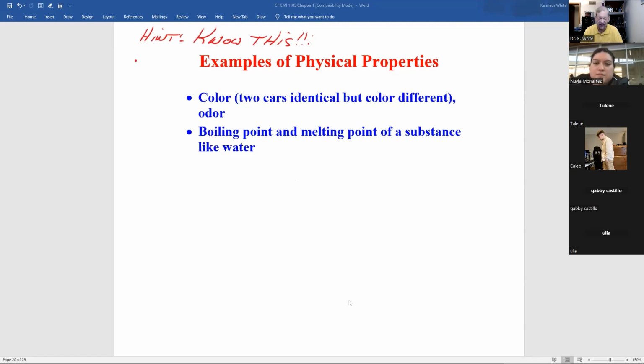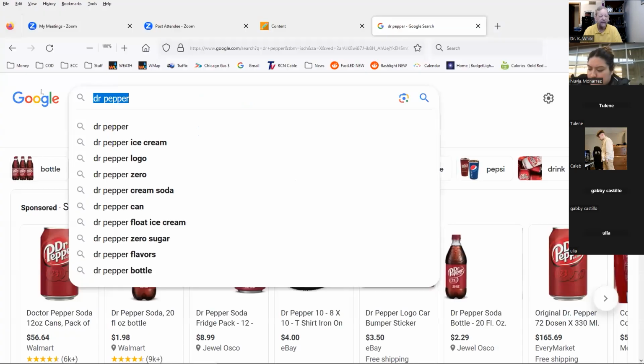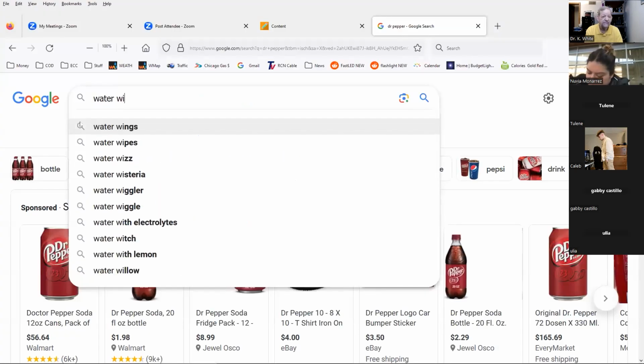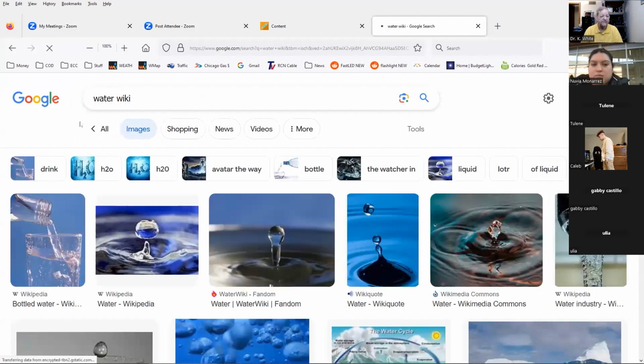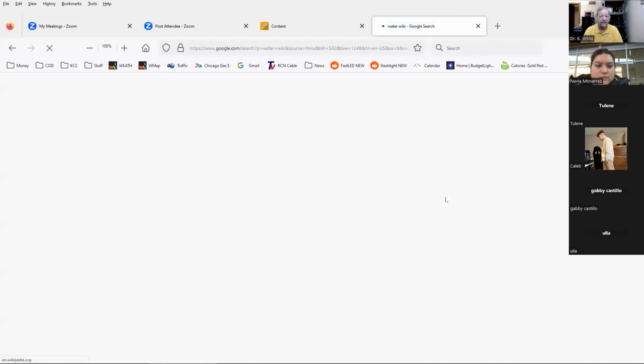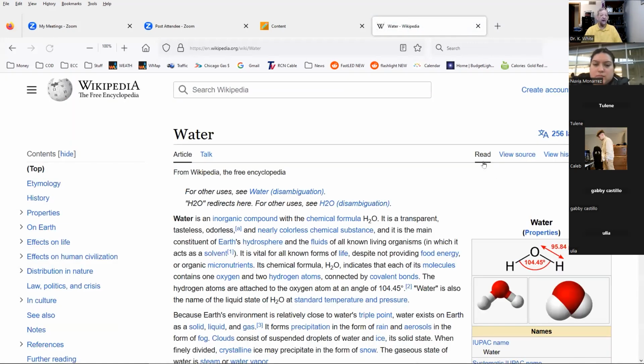Now, let me show you something important that you should know. This is Wikipedia. When it first came out, I used to pronounce it the wrong way. My students would yell, no, it's Wikipedia.